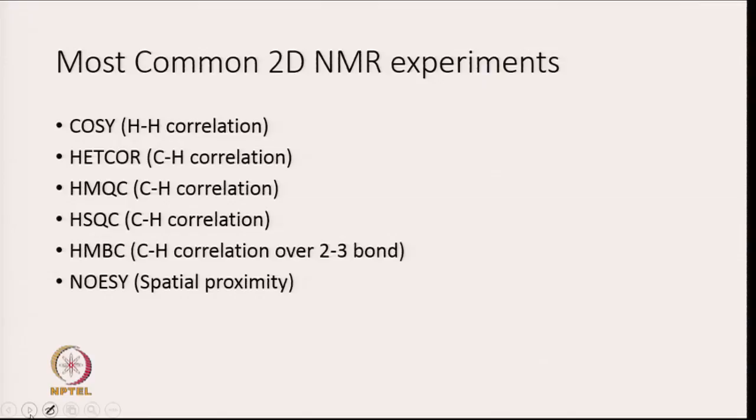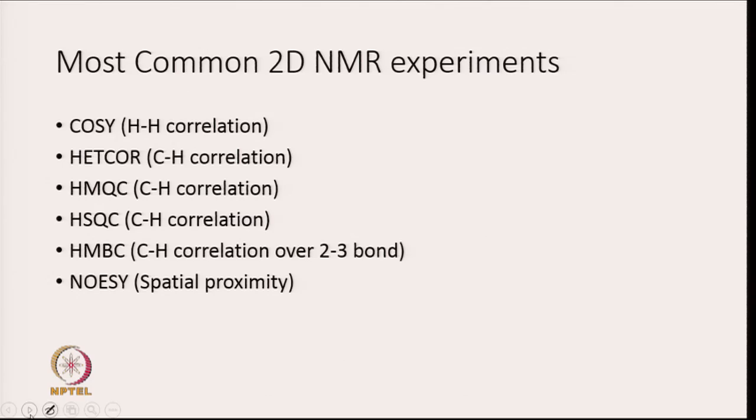So, the most common 2D NMR experiments are COSY, where proton and proton are correlated, and then there is an experiment called HETCOR, in which carbon and proton are correlated. HMQC is a better version of HETCOR, and again this is related to CH correlation. HSQC, CH correlation.